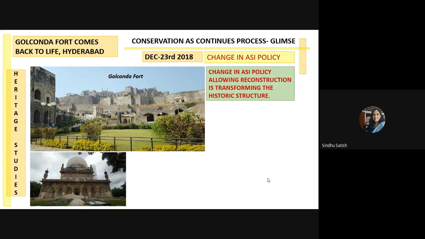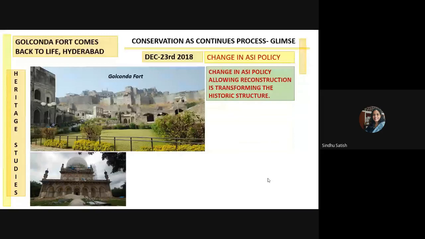Whenever conservation policies are written and declarations are given, it is not the end. They always get revised and rewritten depending on the context and the situation. So here also, fortunately, in 2018, a change in ASI policy came. This policy allowed reconstruction in transforming the historic structure.